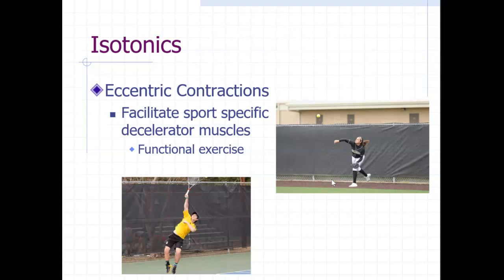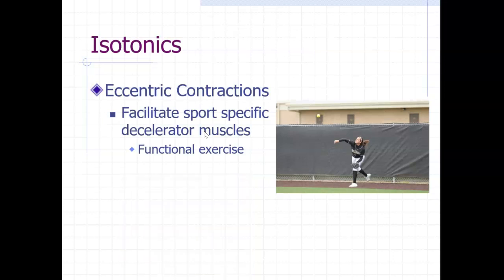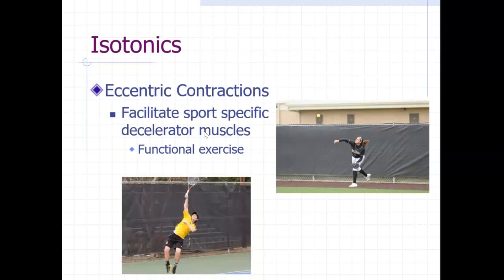And so if we have a muscle whose functional job is to decelerate, and they go through that a lot, that's a reason why we would say, okay, we want to focus on eccentrics with this person.